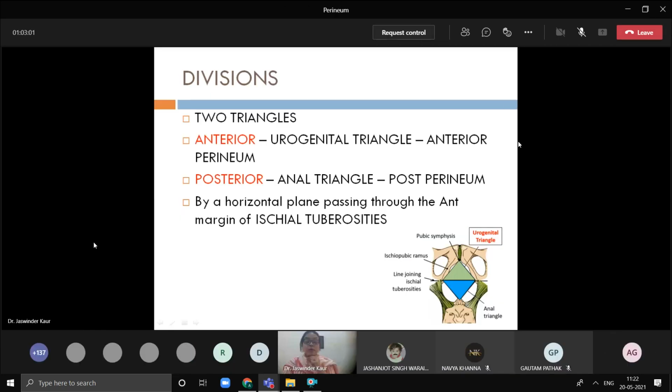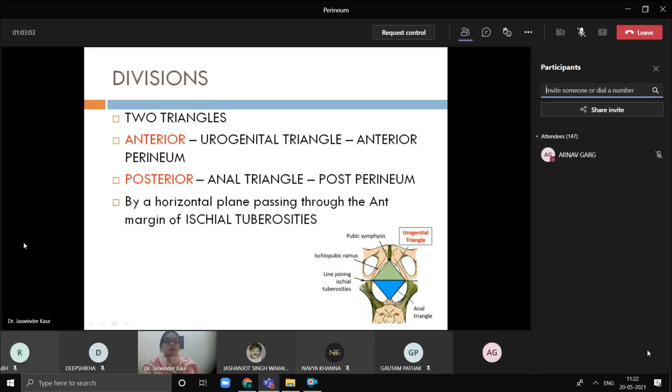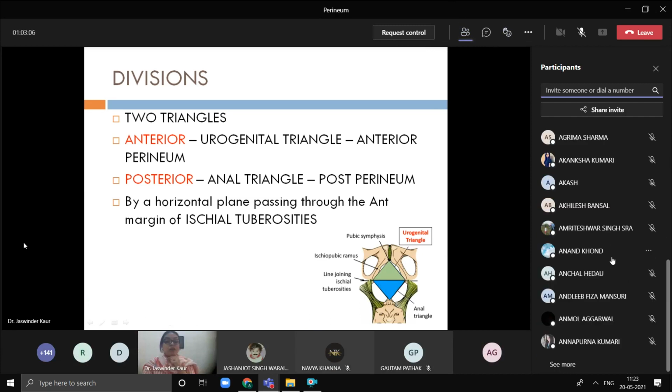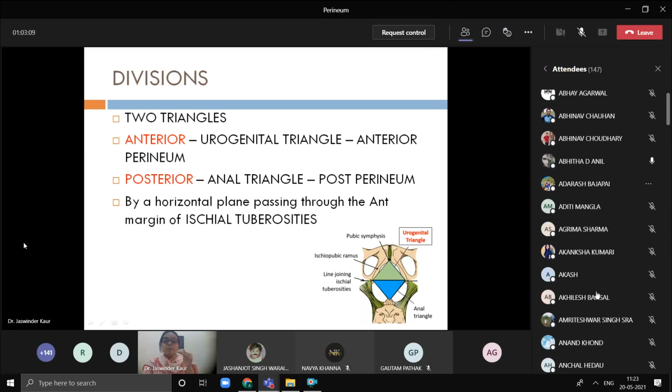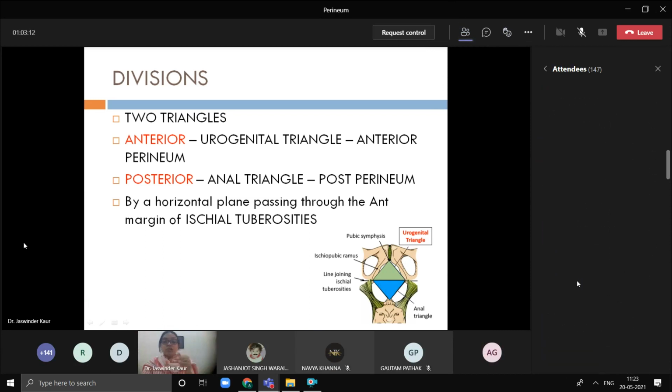Both the layers are coming from the endopelvic fascia. Okay? Because the urogenital diaphragm is a musculofascial partition. So the muscular part is formed by the muscles.